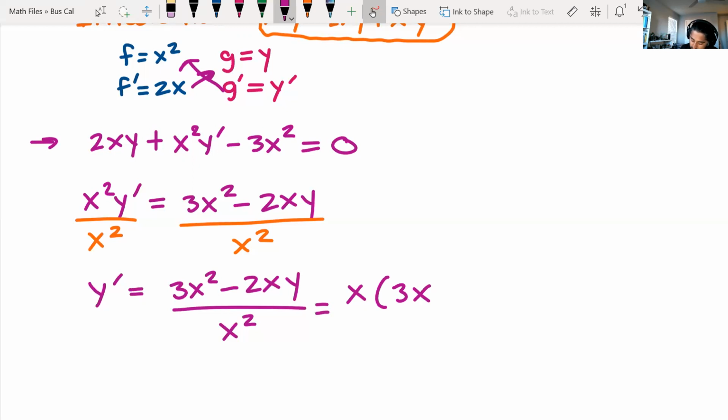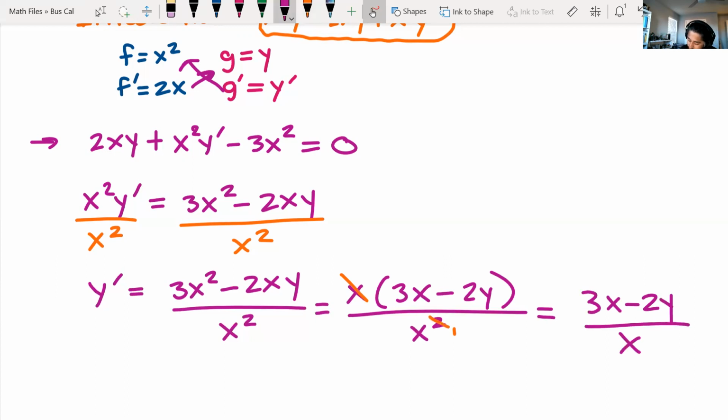Because then you'll get 3x minus 2y over x squared, where we cancel, and that power becomes a 1, which means we get our implicit derivative as 3x minus 2y over x.